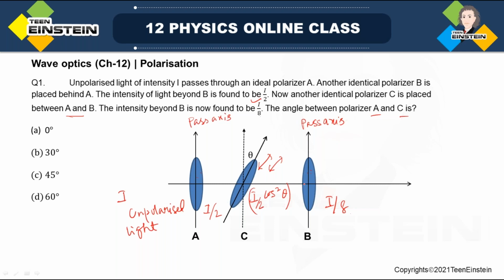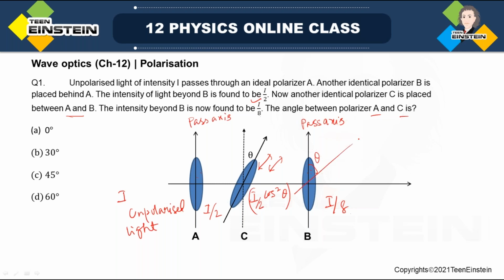That means this electric field vector will make an angle theta over here. The component of the electric field vector which passes through this polarizer C will be vibrating along the direction which makes an angle theta with the vertical.